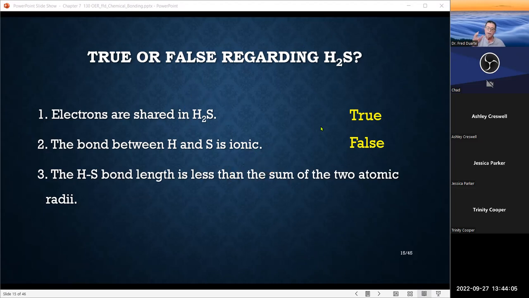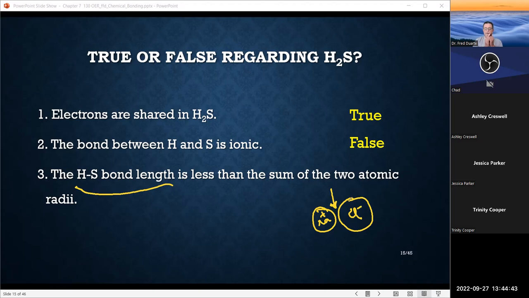All right, let's do this one. The H-S bond length is less than the sum of the two atomic radii. So here we are talking about the bond length between the hydrogen and sulfur. If you recall from that slide, I mentioned with respect to ionic bonds, let's say sodium and chloride, they have a full positive charge and a full negative charge.